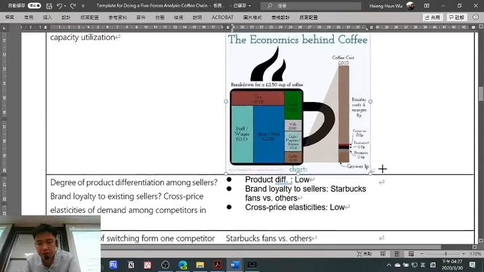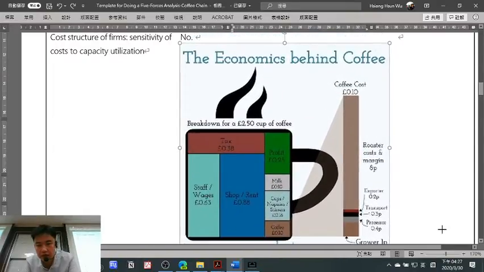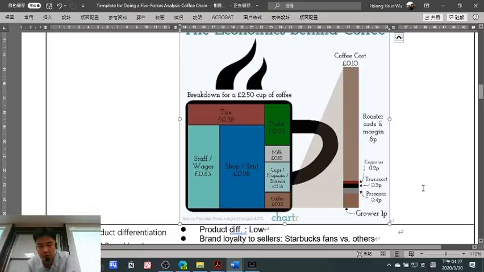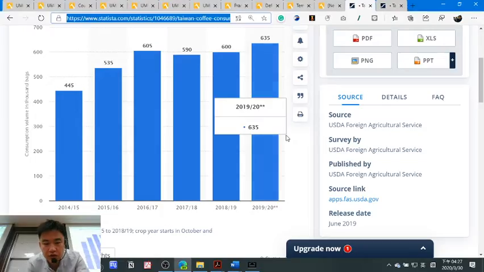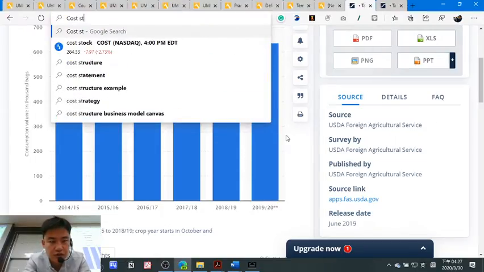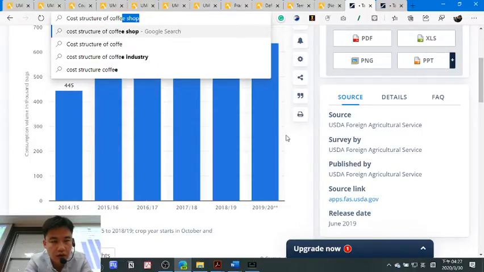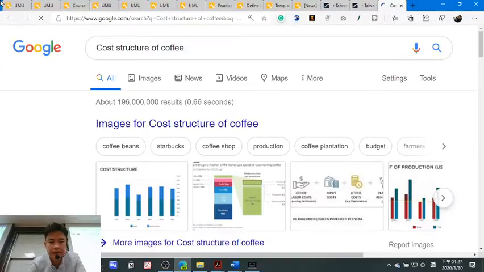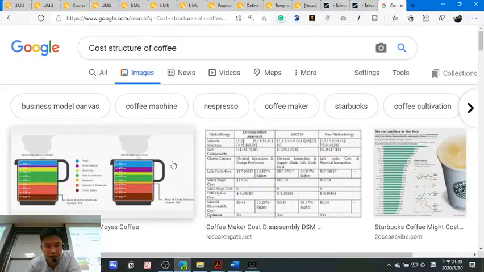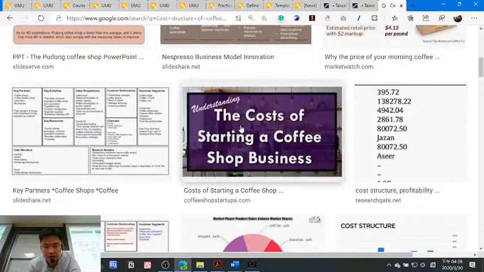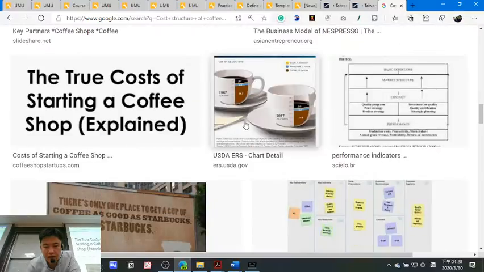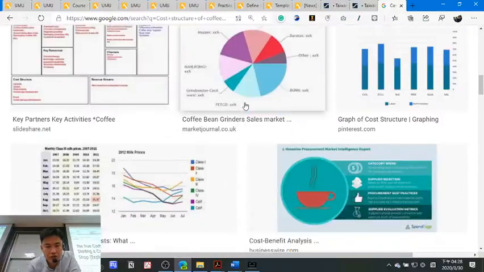And this is a very important part I want to show you. Cost structure. Let us zoom in. Check this. It's too small. We just Google cost structure of coffee. You can easily find this data from a Google search.